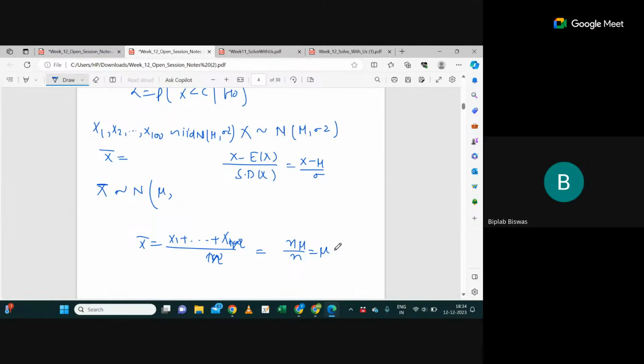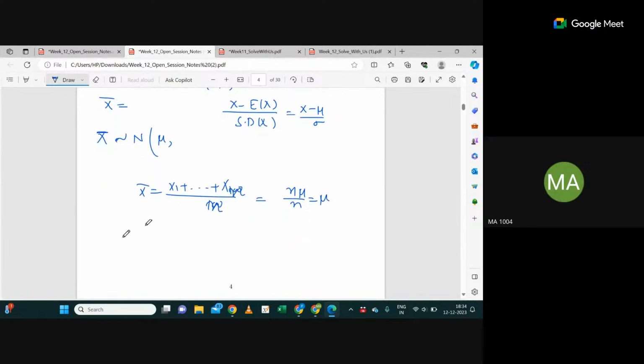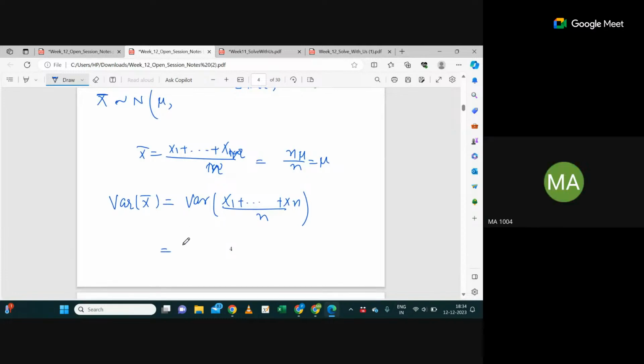Right. Now what about the variance of x bar? It will be 1 upon n square times the variance of each xi, because all are IID.